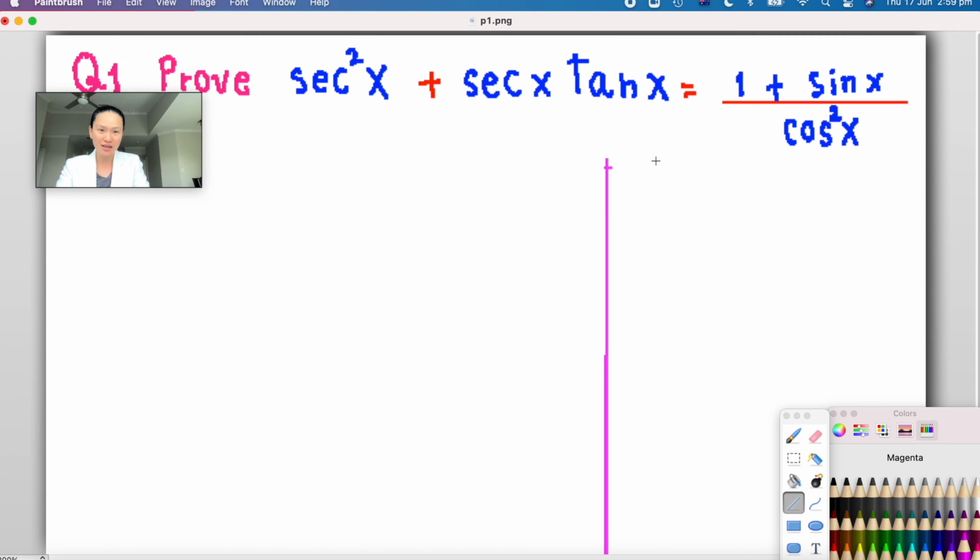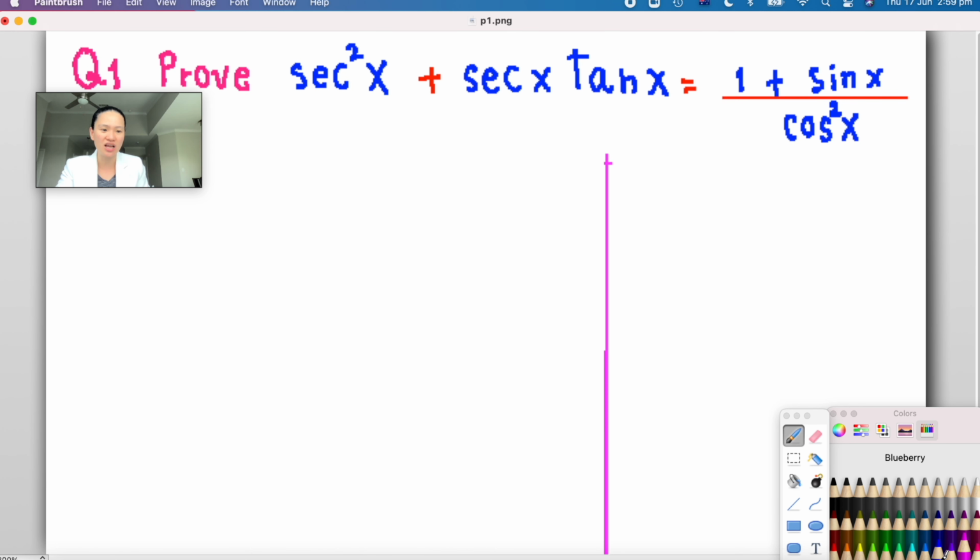Which one did we just learn? Now we know that cosec equals 1 over sine. Cosec x equals 1 over sine x.